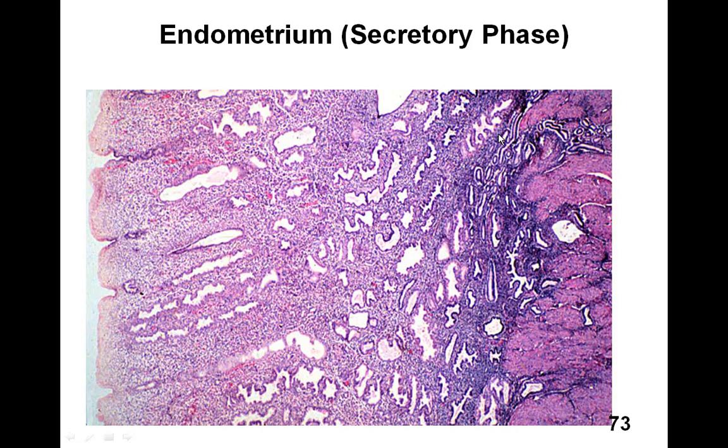Notice how much more intensely this zone of the endometrium is staining. This zone represents the highly fibrous stratum basale, and here we would find the stratum functionalis. Stratum basale, stratum functionalis.